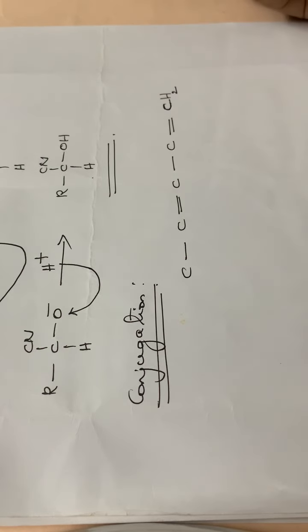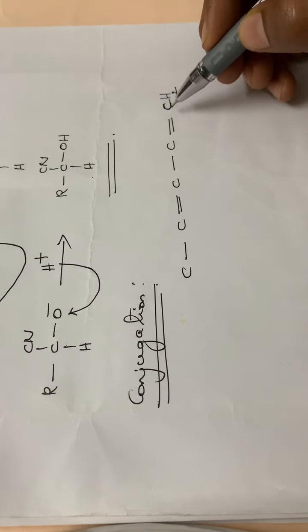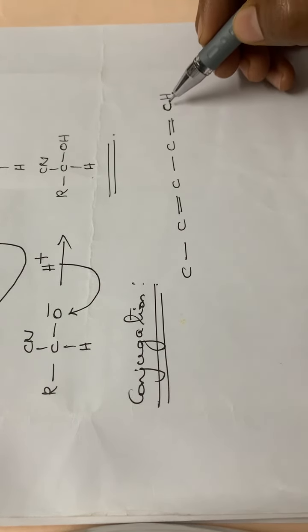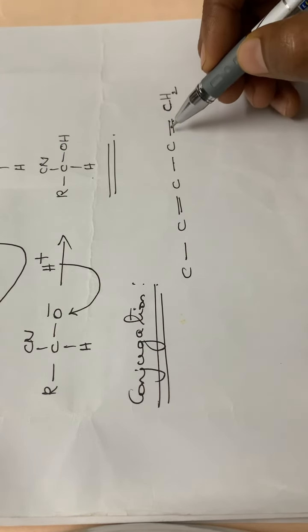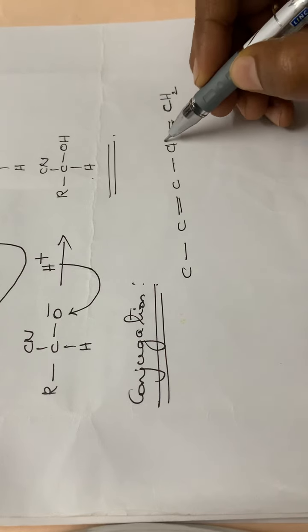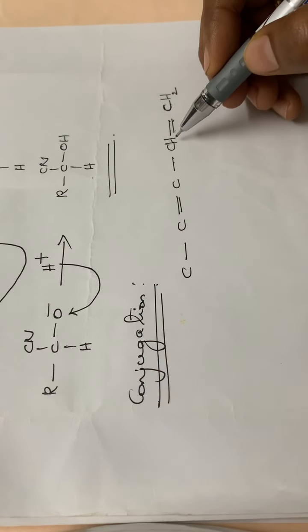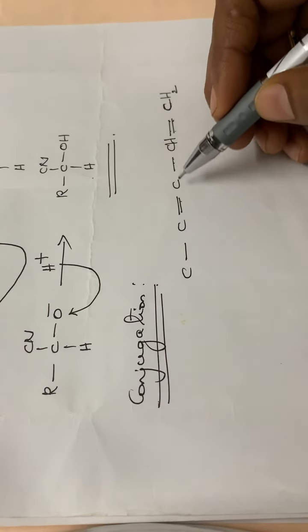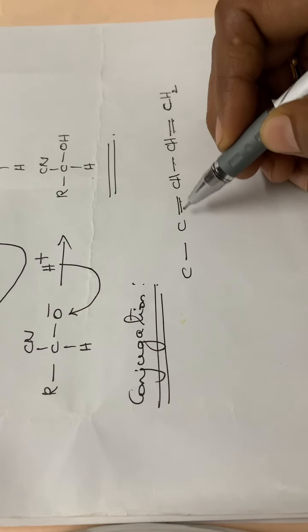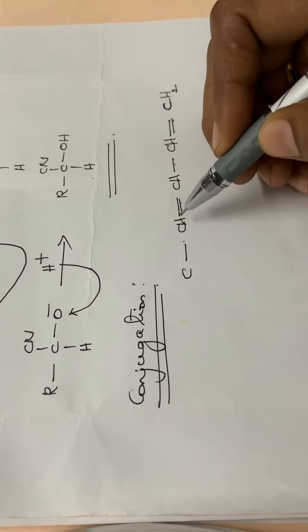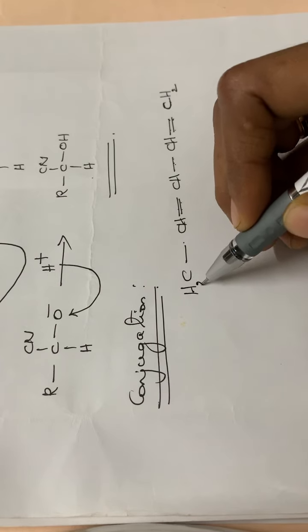We can fill them with 2 hydrogens so that the total valencies are satisfied. Here 3 bonds are there, so the remaining 1 is filled by hydrogen. Then again 3 bonds, so H. Again H. Then here it will be CH3.